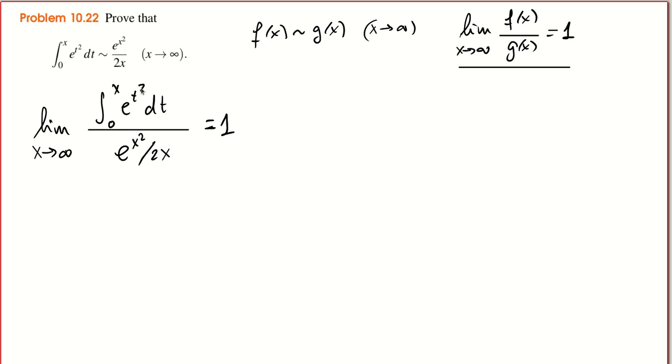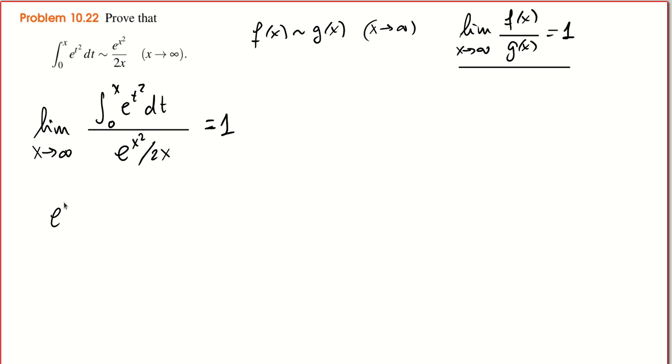So in principle, what is this limit here? When x goes to infinity, the numerator goes to infinity. The reason is that the argument here is positive, so it's actually larger than 1.